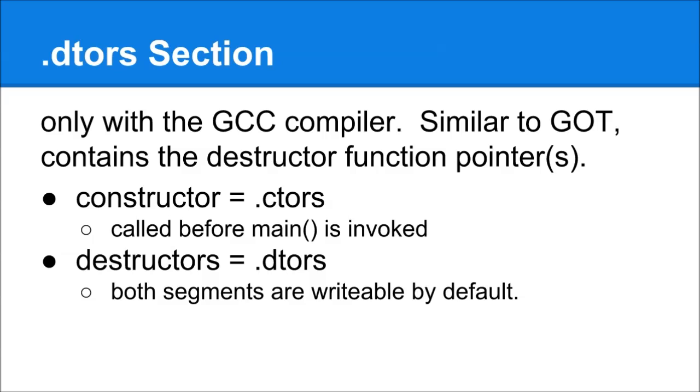So the CTORs really aren't ever targeted. However, like the GOT, if you can overwrite the destructor pointers, you can overwrite function pointers that are being used at the very end of the program. So that's one area that you can target to hijack execution.